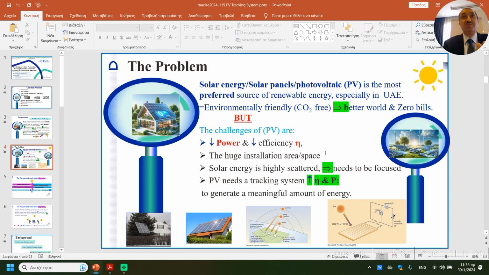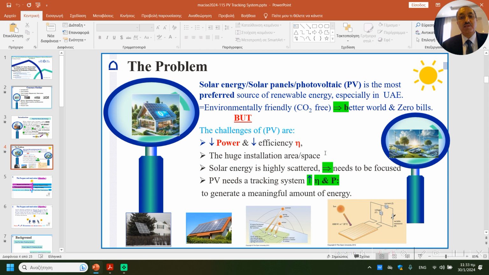But there are some challenges or difficulties that we face when we are dealing with the solar panel. Even with high technology, the power output is still not that huge, and the efficiency of the solar panel is still very low. And the solar panel needs a huge area of installation.